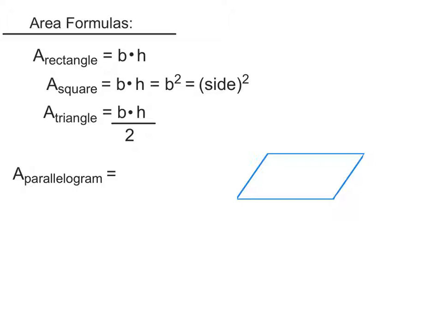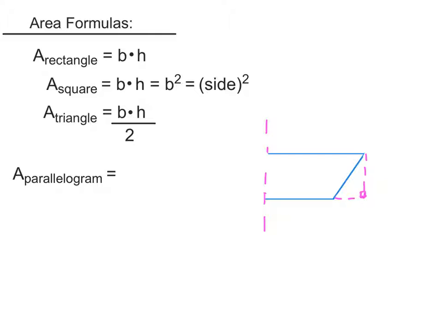Okay, so maybe you don't like that explanation. Let's look at this a little further. Let's take a look at what happens if I were to cut this part of the parallelogram off and relocate it over here. So I'm going to take this triangle here and I'm going to send it to the other side. Okay, and removing this and moving it over here, I've now created a full-out rectangle.